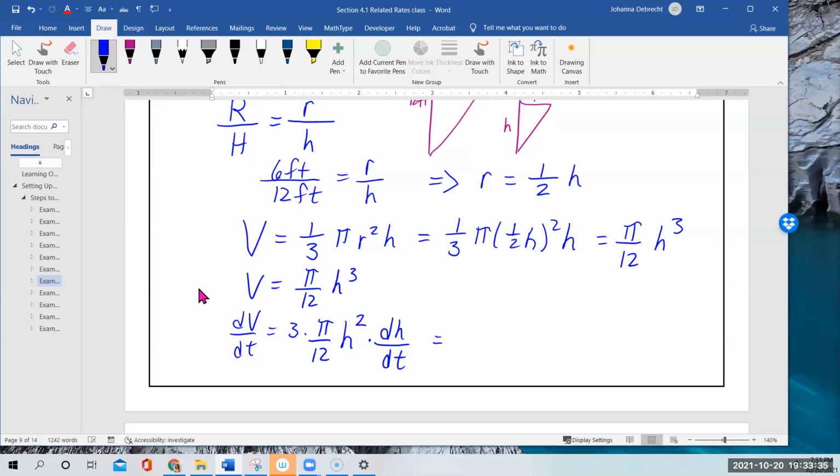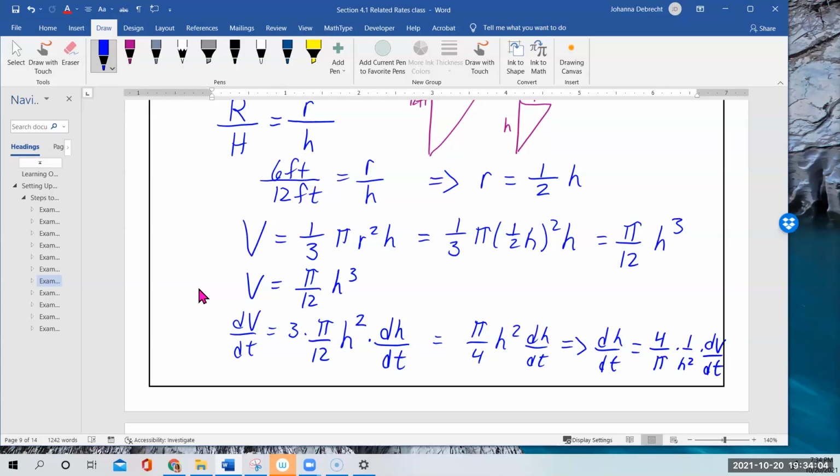This tells me that I've got pi over 4 h squared times dh/dt. By multiplying by the reciprocals, I get that dh/dt has to be equal to 4 over pi times 1 over h squared times dV/dt.